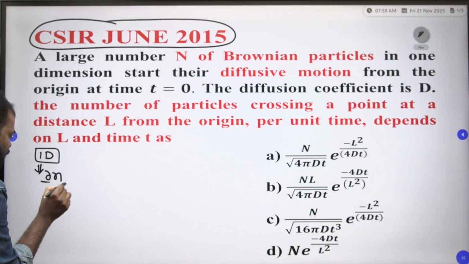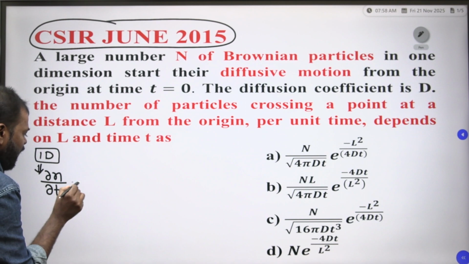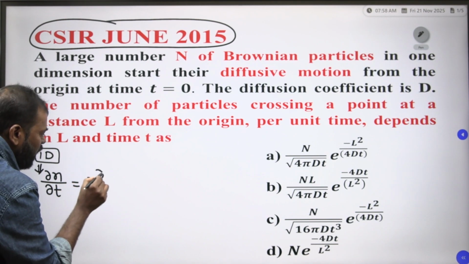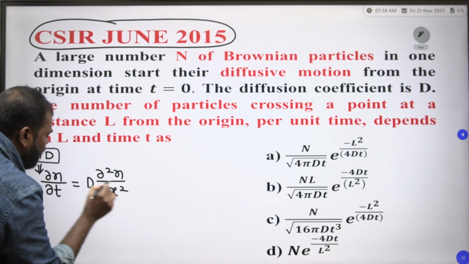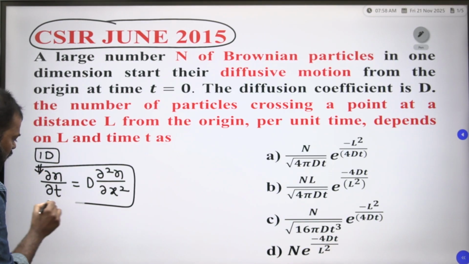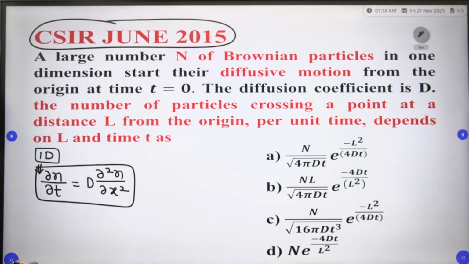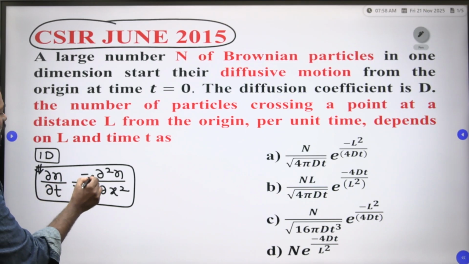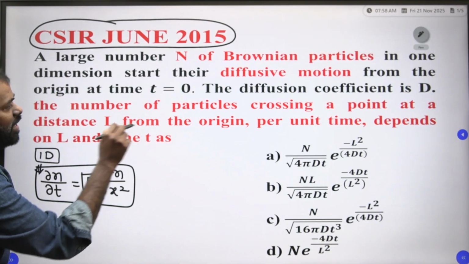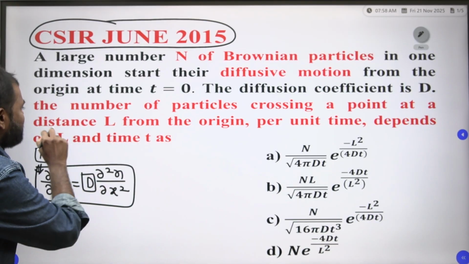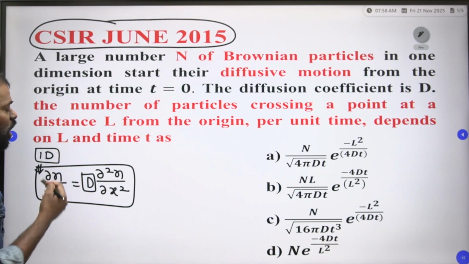What is the diffusion equation? ∂n/∂t = D ∂²n/∂x². This is the diffusion equation, correct? From the origin at t = 0, D is the diffusion coefficient, right? The number of particles crossing the point at a distance L from the origin.